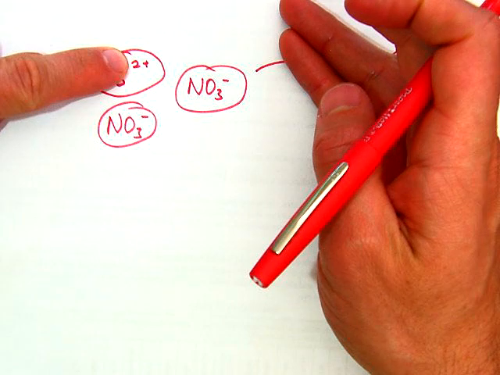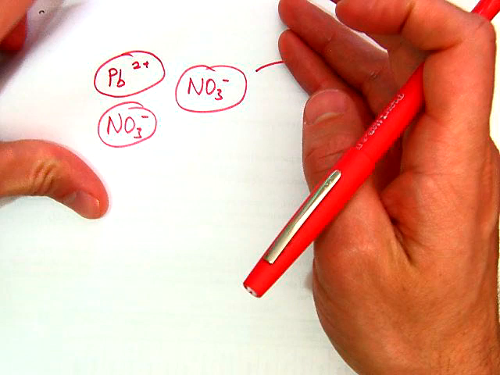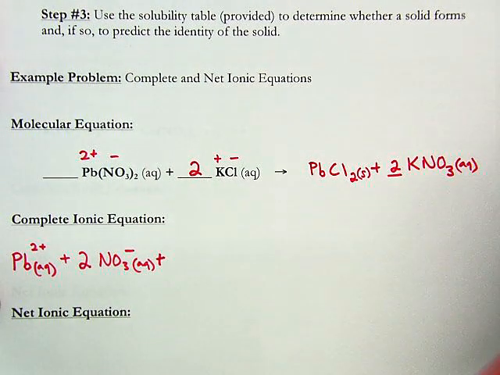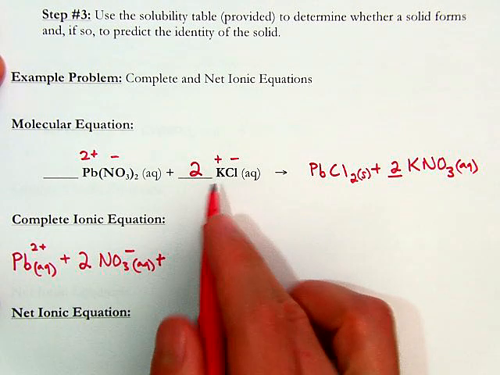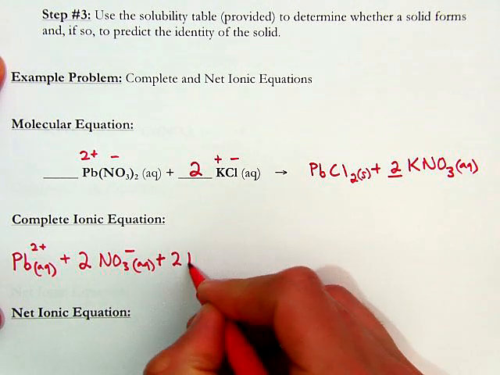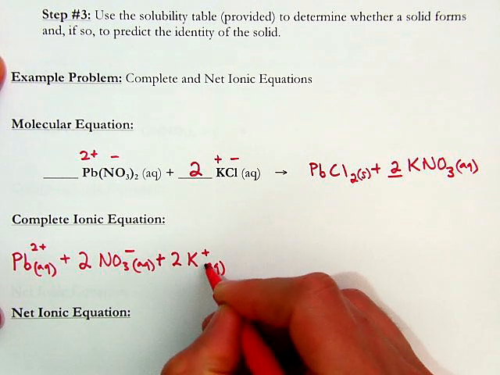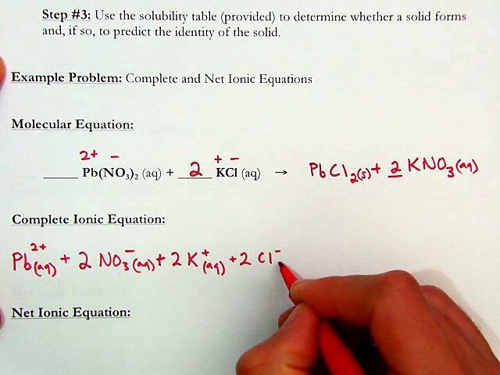A Pb, a nitrate, and another nitrate in solution, floating around in water. So I wrote out Pb2+ plus 2 nitrates plus, we're going to have 2 potassium ions, which have a charge of positive 1, that's aq, plus 2 chloride ions.